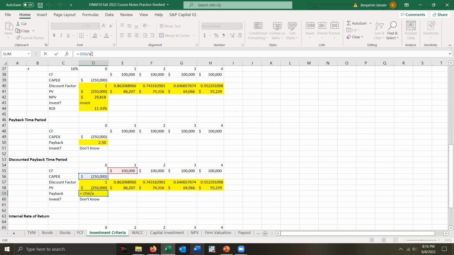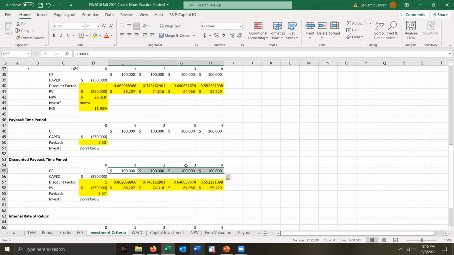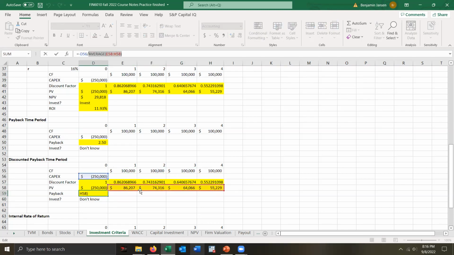Now we're going to take the average cash inflows. If we wanted to adjust for cash flows, we can do that. In different years we no longer have the fixed cash flow, so it's important we take the average value of these cash flows. So that's one way we can do it.